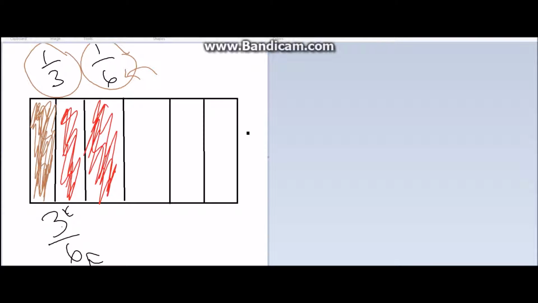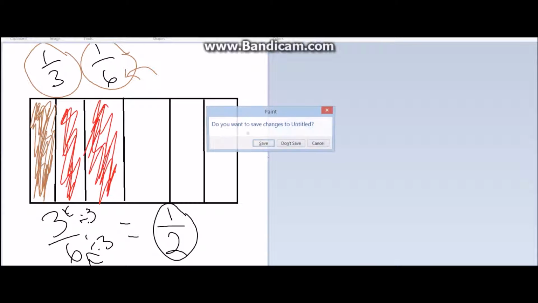The easiest way to do that is to ask, 3 times what number is equal to 6? Well, 3 times 2 is equal to 6. So we can divide both the top and bottom by 3. 3 divided by 3 is 1, 6 divided by 3 is 2. So our answer is half. So you have given away half of the brownies.